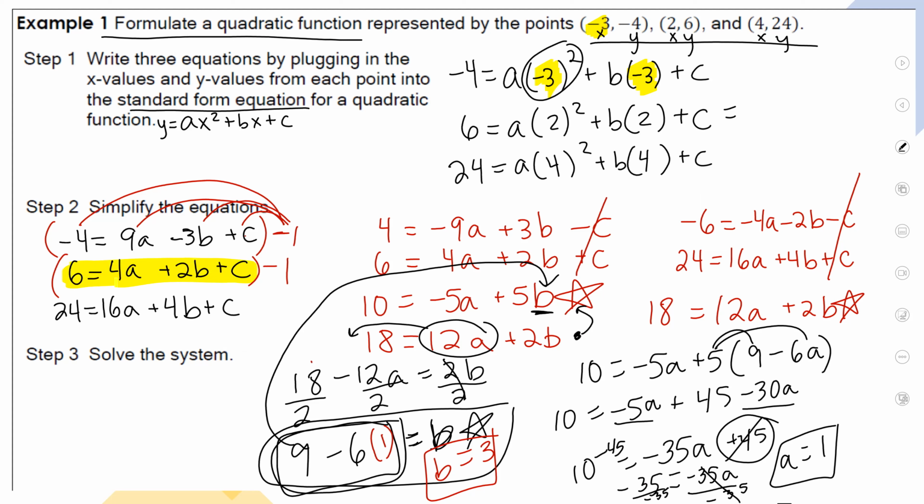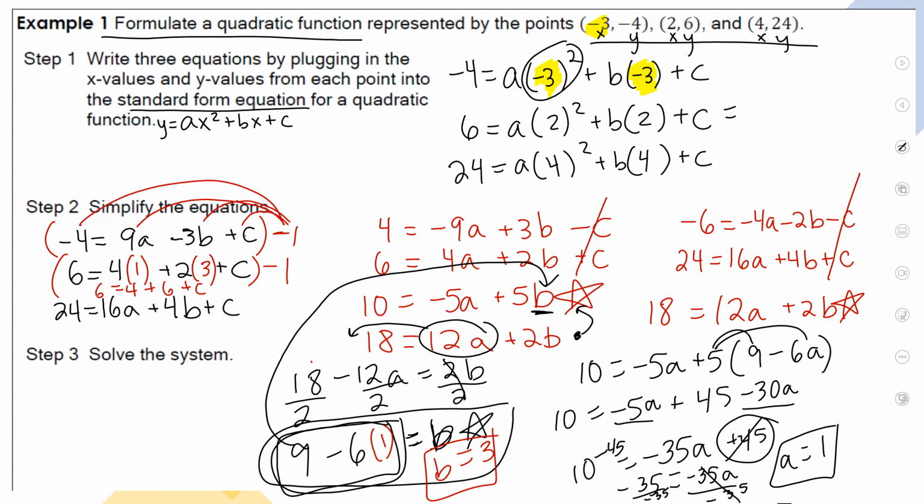I'm going to erase the a, I'm going to erase the b, and I'll plug in what we found. We said a was 1, b was 3, okay? So this is 4 plus 6 plus c, and then this is equal to 6.